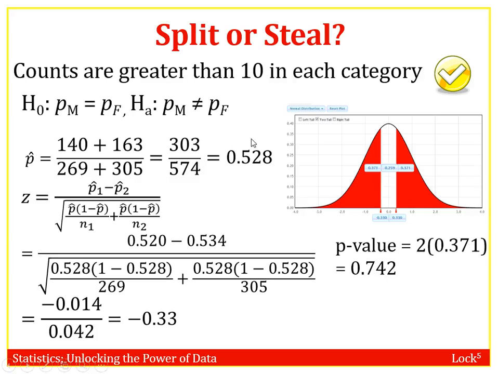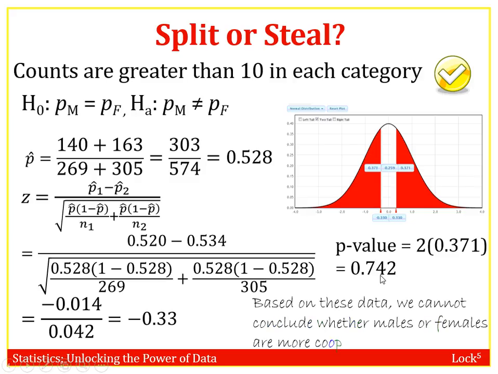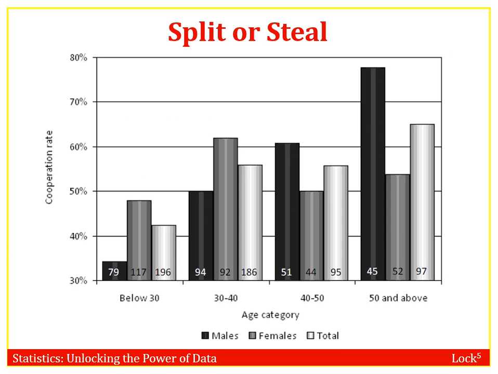Now our p-value, because it's a not equal to, is going to be the area of the red on the right plus the area of the red on the left, or you can take one of the areas and just multiply it by 2. So we get a p-value of 0.74. Based on this data, we cannot conclude anything about males and females being more cooperative because this p-value is significantly larger than a typical 0.05 significance level.